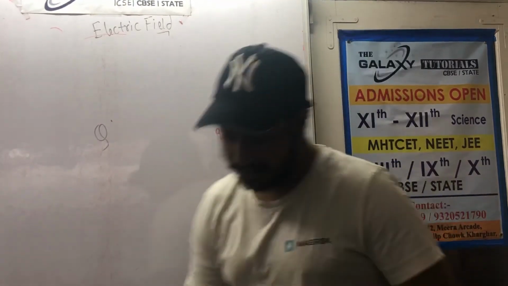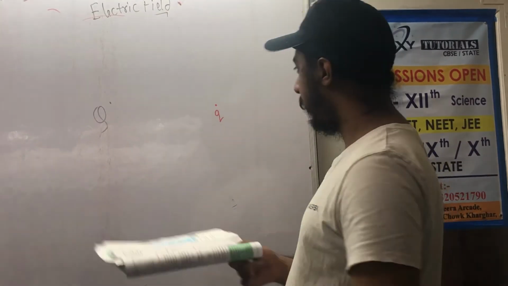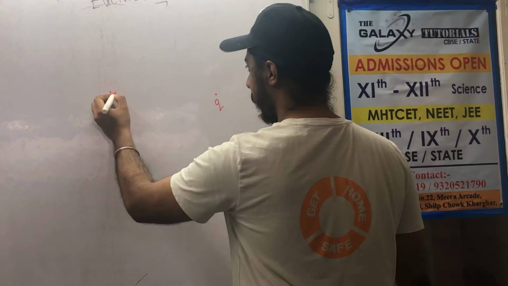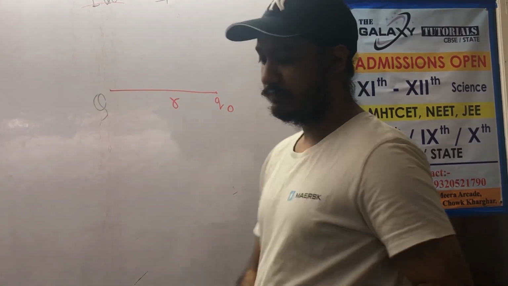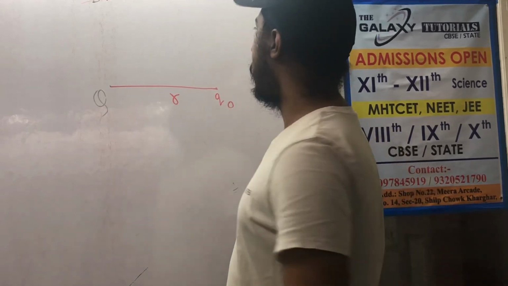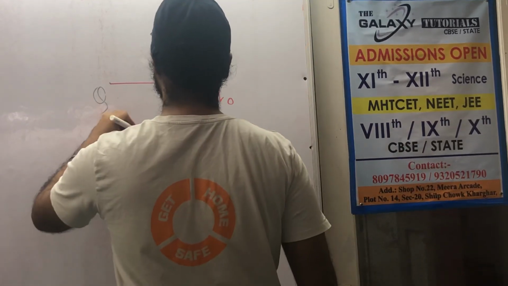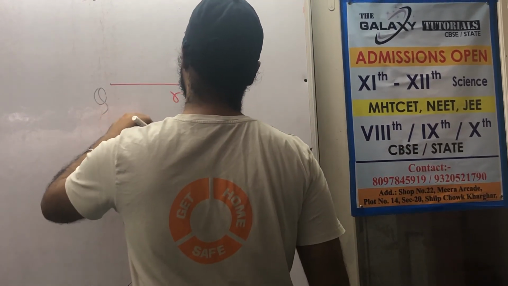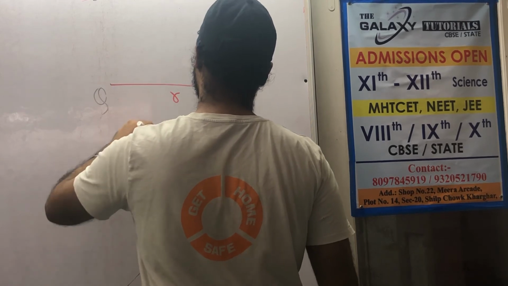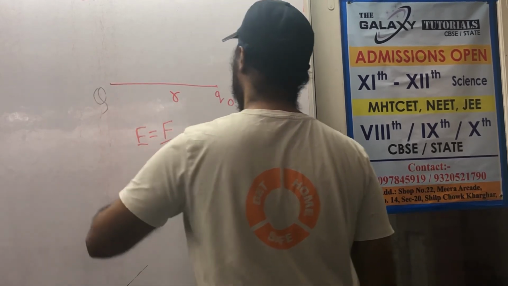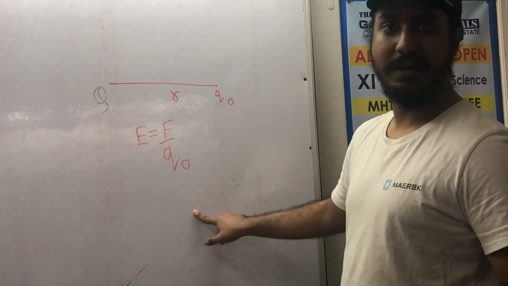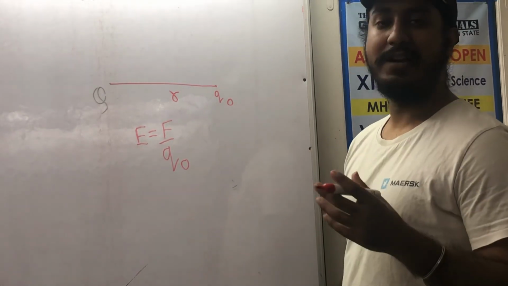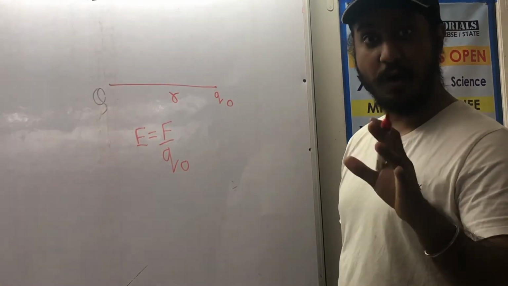Let us assume a charge Q is kept here, and the distance between them is R. So the electric field intensity is the force experienced by a unit charge. Basically, it is the strength of the electric field.